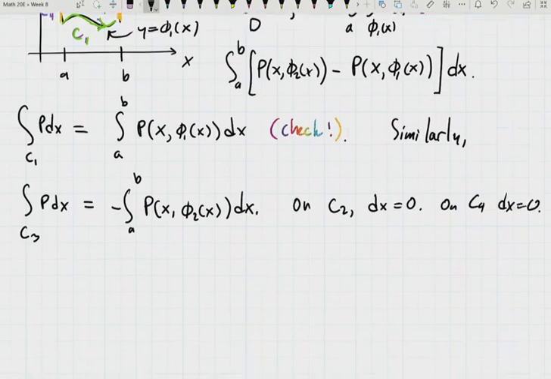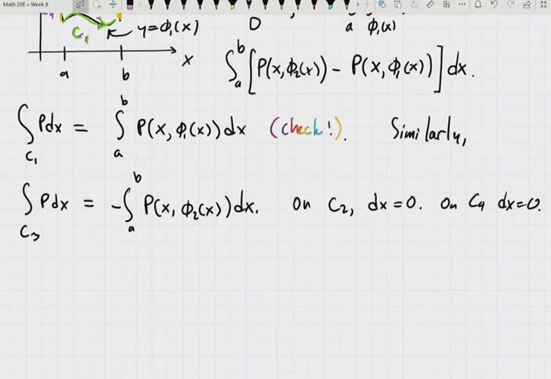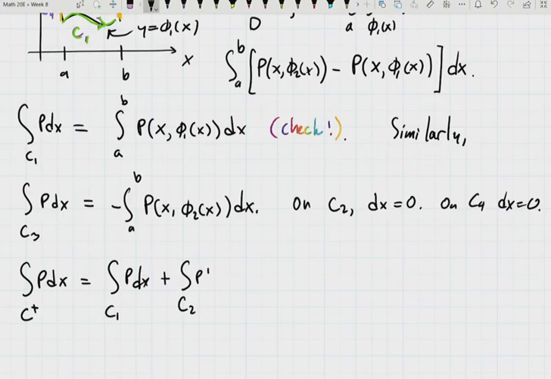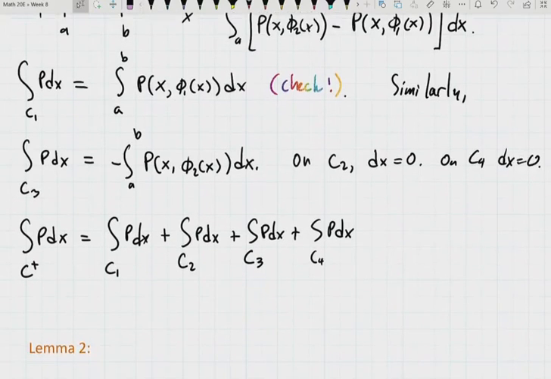So putting this all together, the integral of p dx over this entire path c plus, which is the integral over c1 of p dx plus the integral over c2 of p dx plus the integral over c3 of p dx plus the integral over c4 of p dx, that's how piecewise paths work.